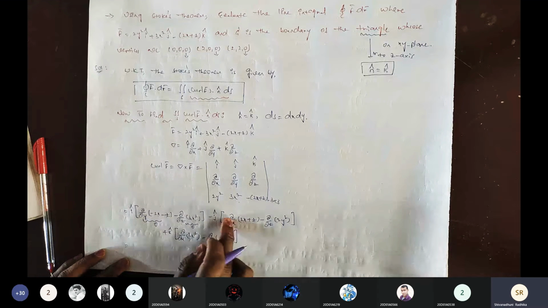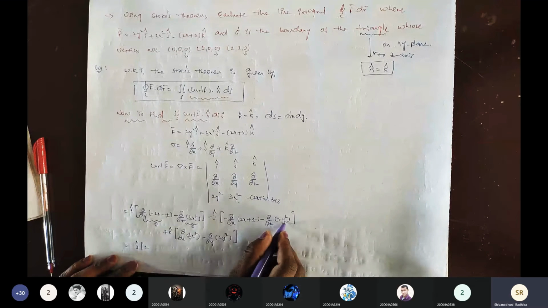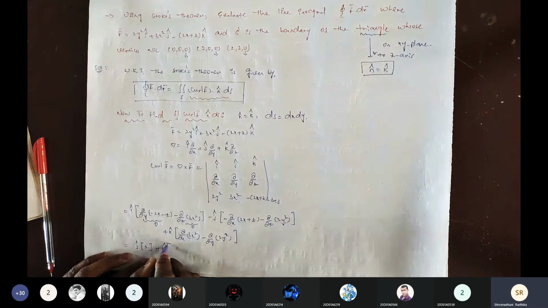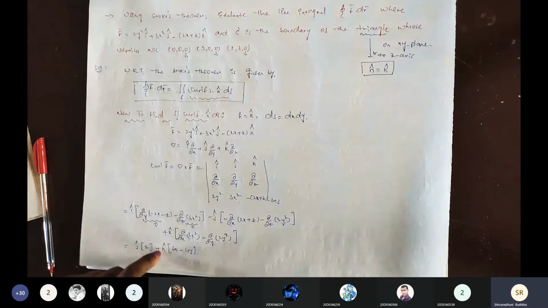Now minus into minus gives plus j cap of 2, and with respect to z, 2y square is 0. So we have 2 j cap plus k cap of dou by dou x of 3x square, which is 6x, minus dou by dou y of 2y square, which is 4y. Clearly, this is curl F bar.